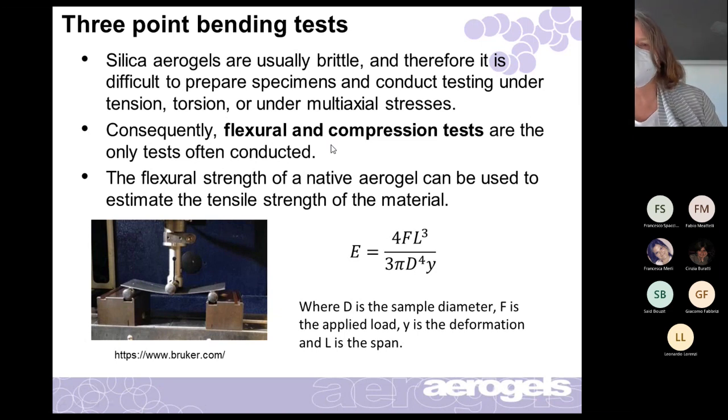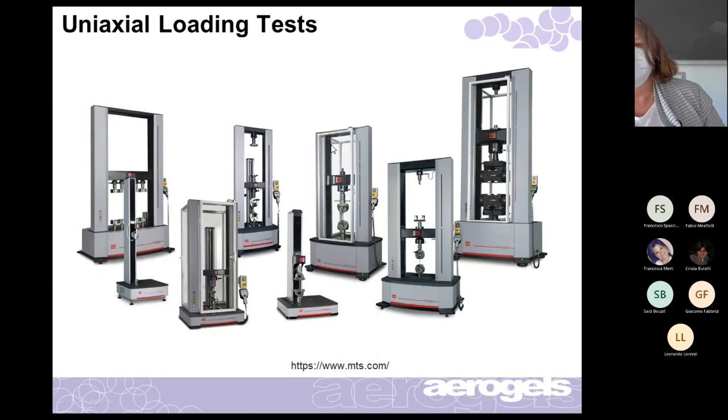The method we use is uniaxial loading. So you load your sample in one direction and we compress, we can't pull. So these are just a bunch of machines from a company, MTS, and we have one of their smaller ones, more like this.